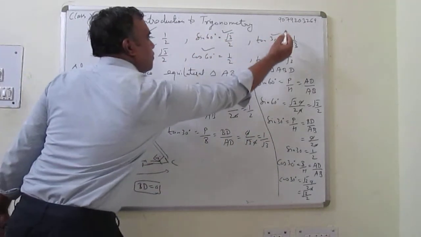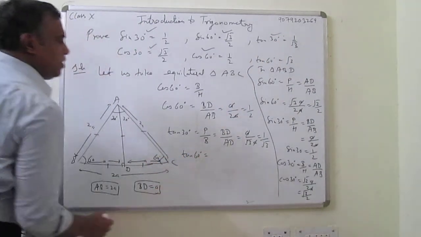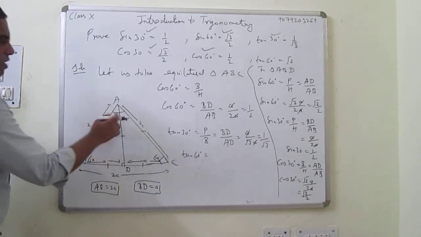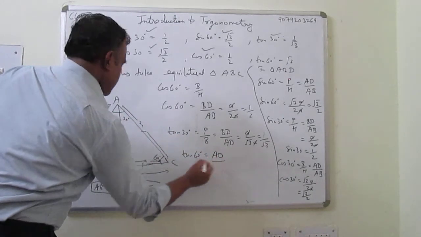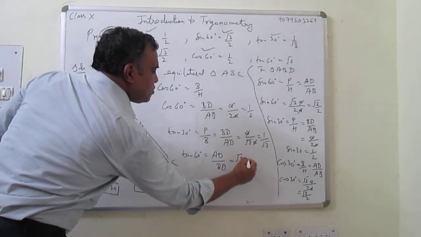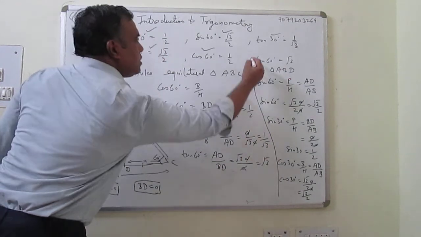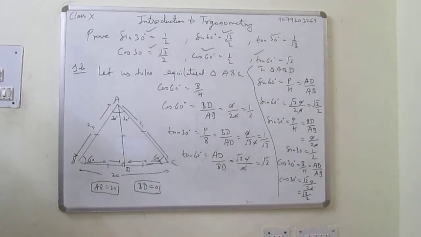This is also proved. Now tan 60. In tan 60 the perpendicular is changed. The perpendicular is AD and the base is BD. Putting the values, AD is root 3 A and BD is A. Cancel out, it is root 3. So I can prove the ratios of 30 and 60 degrees.